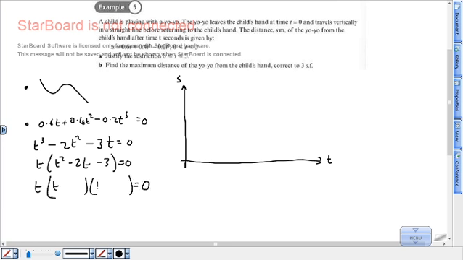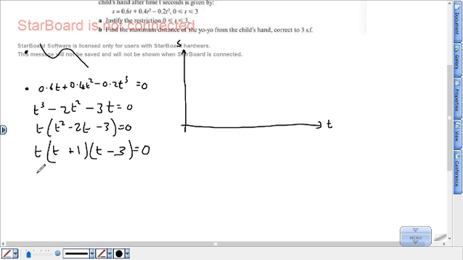It's got to be 3 and 1, one negative and one positive. So therefore the solutions, when the distance s is 0, are t is 0, t is minus 1, or t is positive 3.